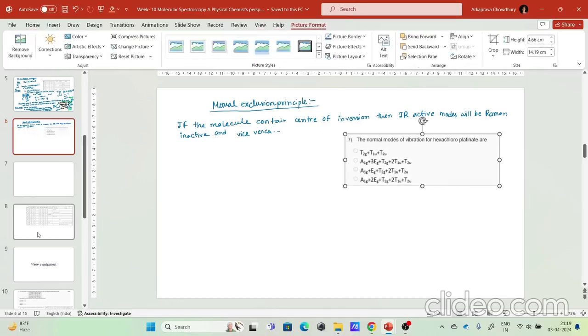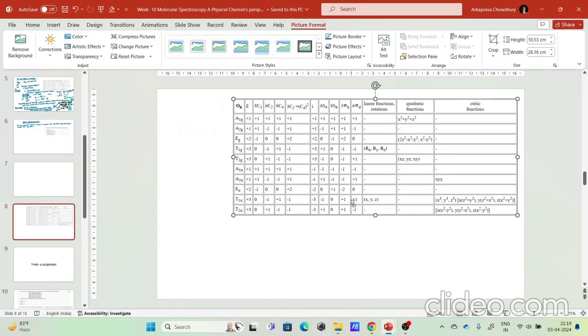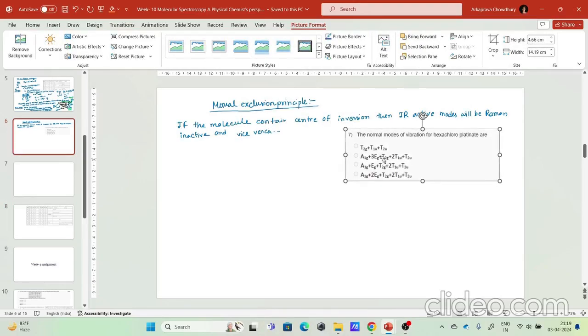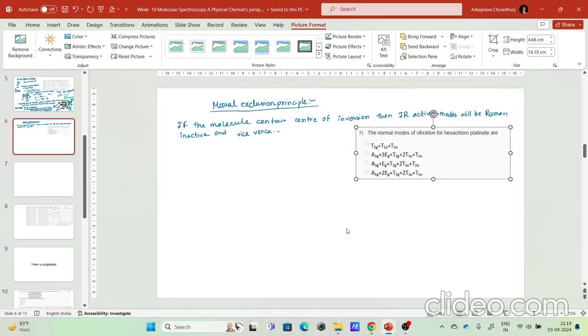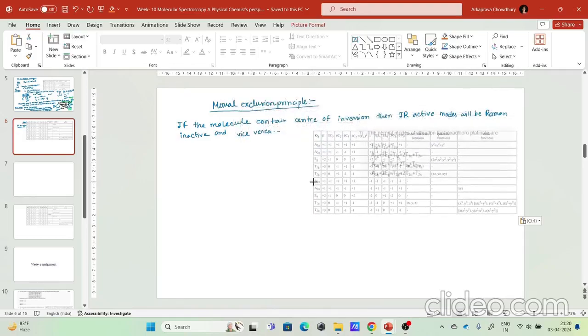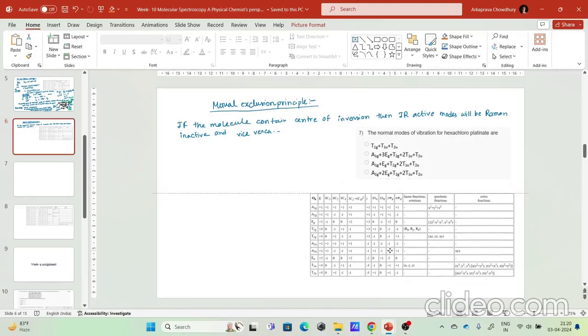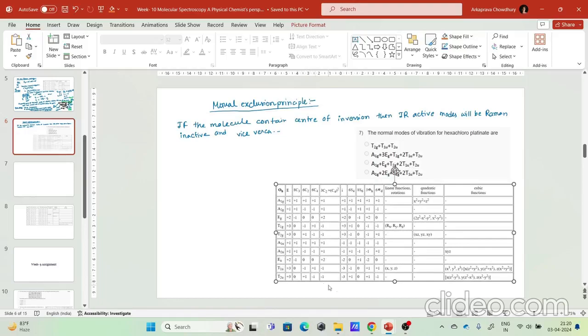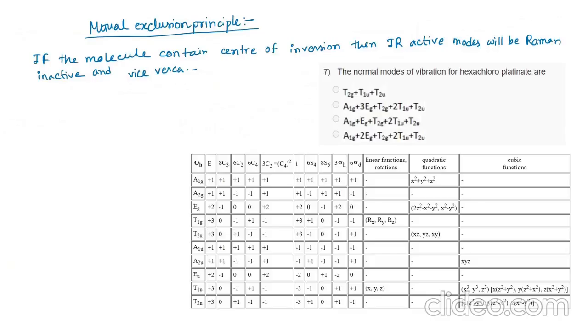You remember this question, right? This hexachloroplatinate is octahedral, so octahedrals will have a center of symmetry, right? The center of inversion is there. I will not calculate the whole thing, I will just tell this.